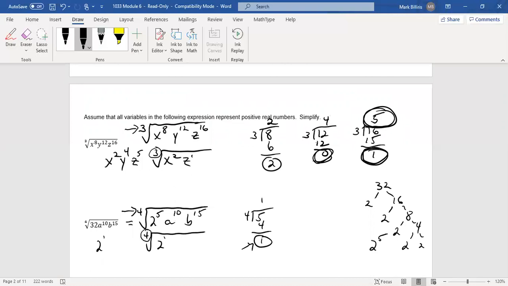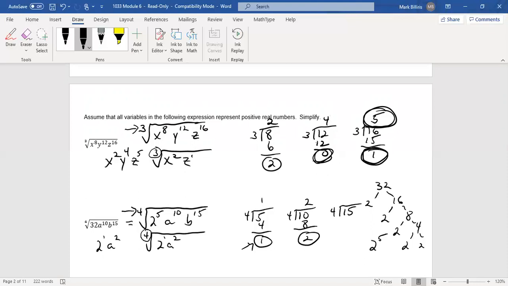Now I'm going to break down a to the 10th. I put my exponent 10 divided by my index. Since we're dealing with fourth root, it's 4. So 4 goes into 10 2 times with a remainder of 2. That means I can take out 2 factors of a, and my remainder was 2, so 2 remain underneath the radical sign. Last, I do my b, that's b to the 15th divided by 4.